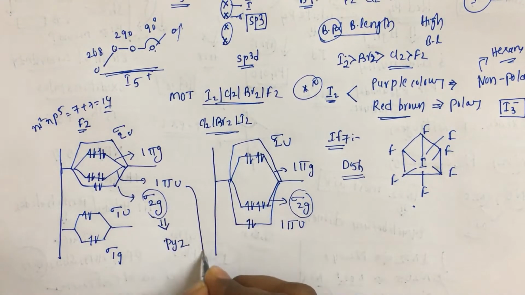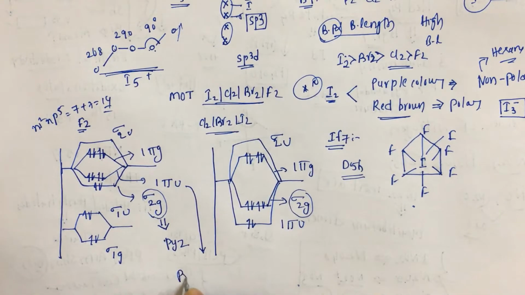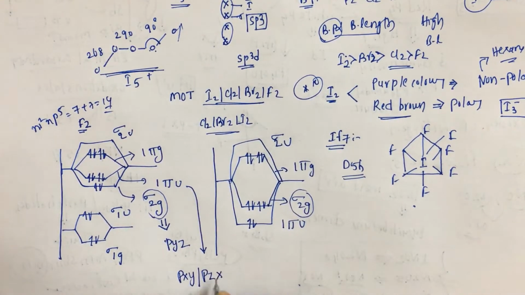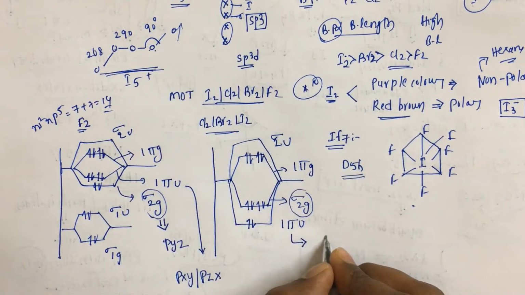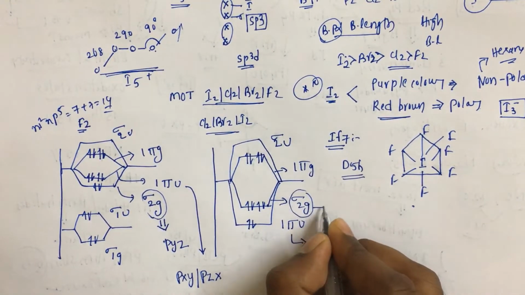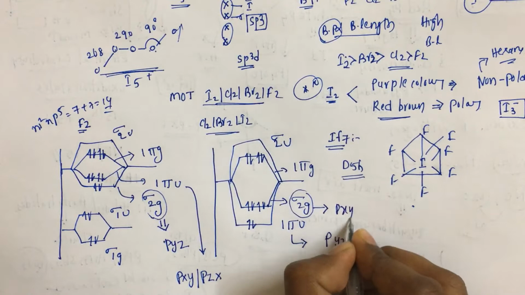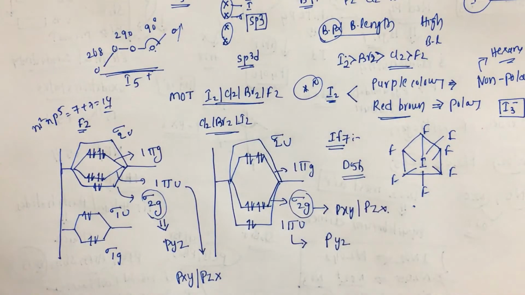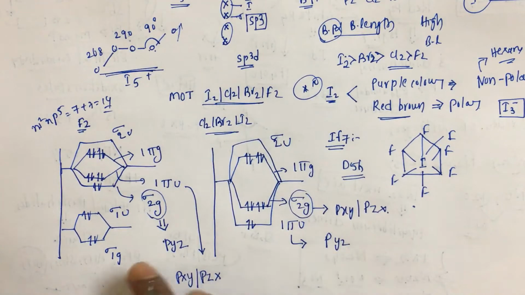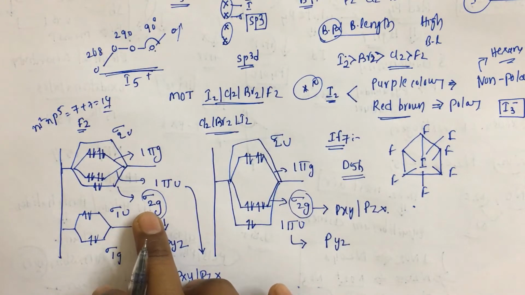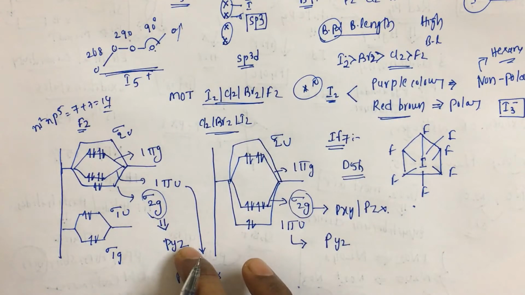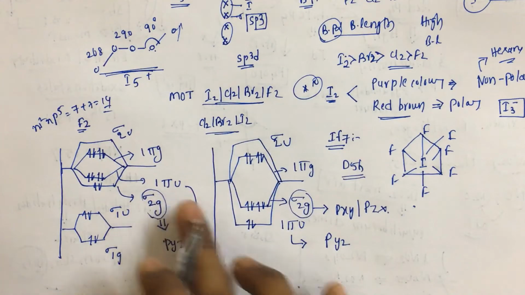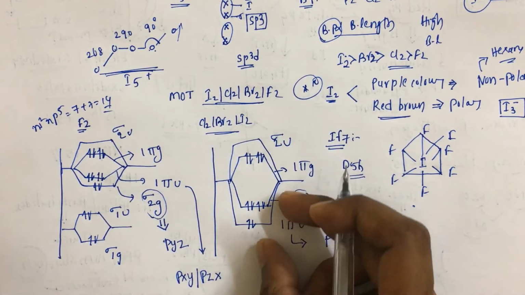The only difference between the MOT of fluorine and the remaining halogens is that this orbital is different. For fluorine, this is 2 sigma g, and 1 pi u has pxy and pzx orbitals, but here 1 pi u has a pyz orbital and this has pxy and pzx. Here this term only gets reversed.